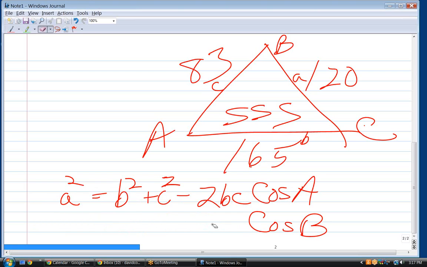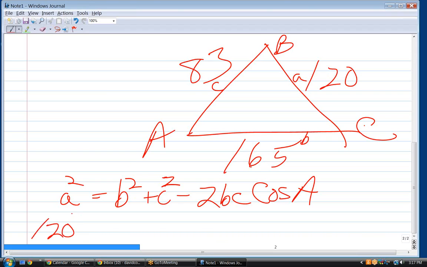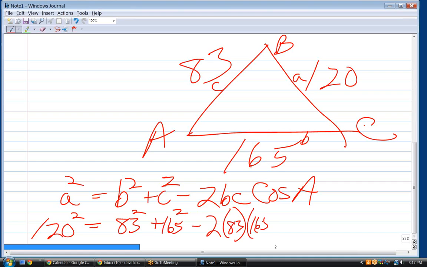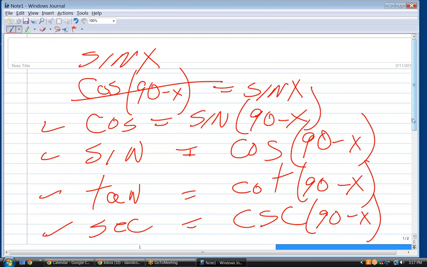I could use any of the three formulas because I know all three sides, but I'm going to use that as A. So I'm going to say 120 squared equals 83 squared plus 165 squared minus 2 times 83 times 165 times the cosine of angle A, the angle opposite side A. Well, notice what we have here.